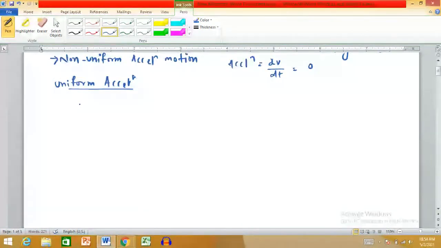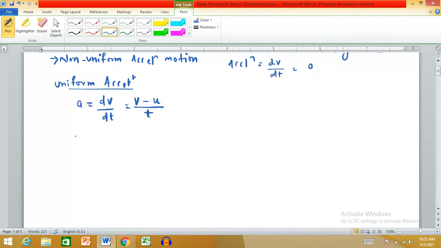So in case of uniform acceleration, our acceleration is equal to change in velocity with change in time, or we can say final velocity minus initial velocity by time. And always remember, we generally denote v as final velocity and u as initial velocity, and time is represented by t.